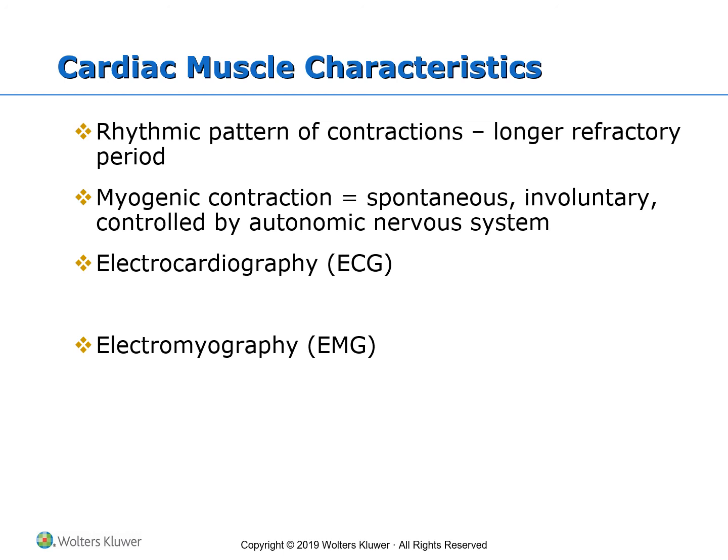We can study the cardiac muscle health and activity by using two types of tests. One is called electrocardiography and one is called electromyography. Electromyography can be used also for studying the health and the ability to contract, the activity of the skeletal muscle.